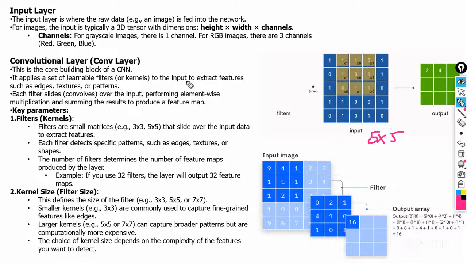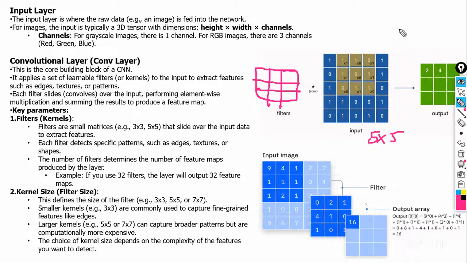Now, under convolution layer, you will take a filter. So this, I'm going to take a filter. Okay. So these filters are called kernels. We use filters, kernels, to extract the important features of an image. So it might be an edge.